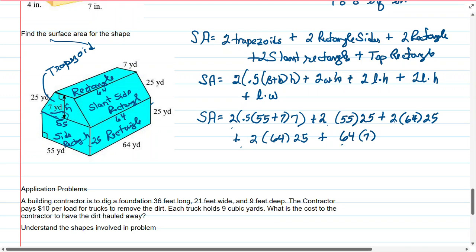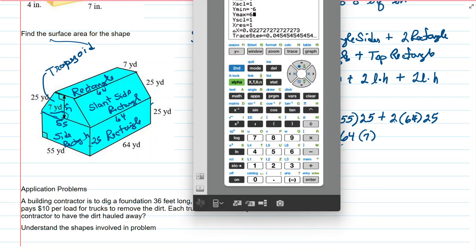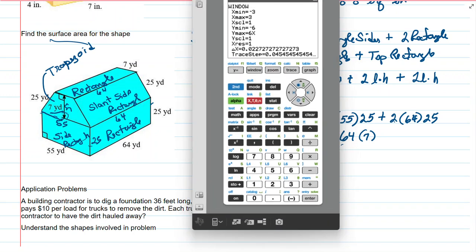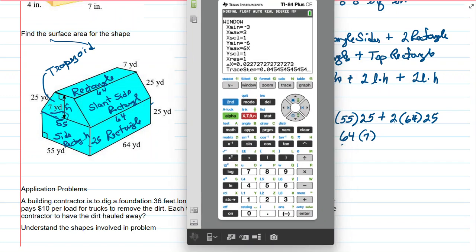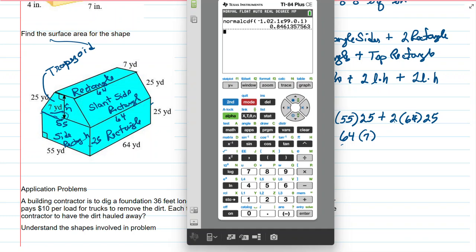There we go. I'm going to put times instead of a minus. 25 plus 2 times 64 times 25 plus 64 times 7.